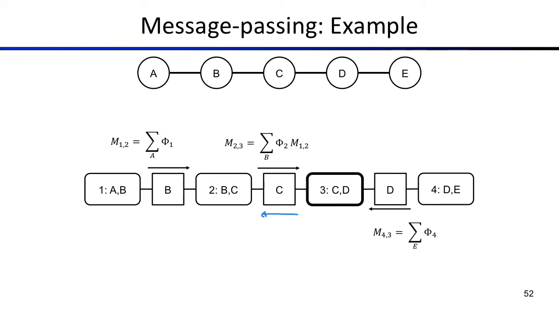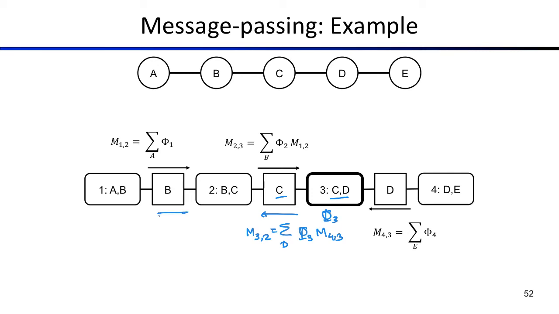The next one in my slide is this one, that is the message 3,2, and it's going to be a summation. In this case we have C and D here, so we eliminate D: the summation over D of the factor that I have here, the big phi 3, multiplied by this message 4,3.